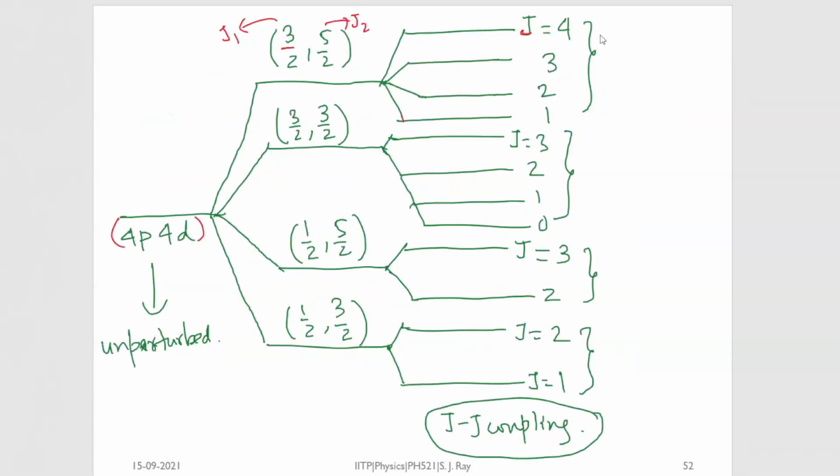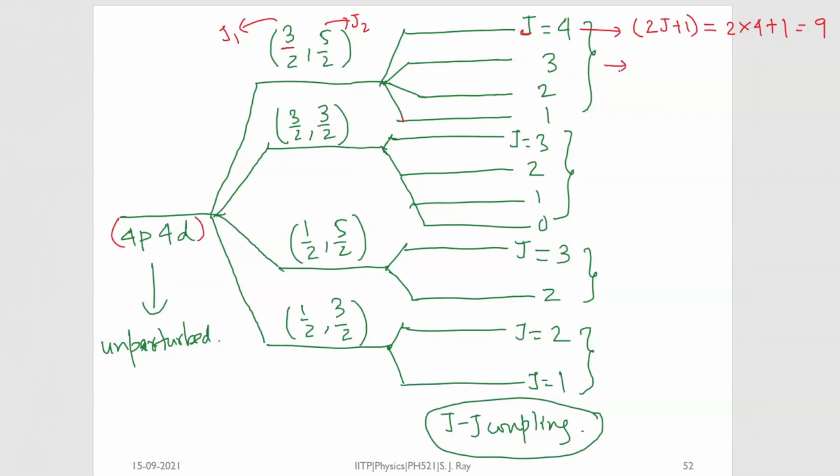Now if you want, you can further find out the multiplicity of each of these levels. Further 2J plus 1 multiplicity will be there, which means that here it will be 2 times 4 plus 1, so 9 sublevels will be associated with it.